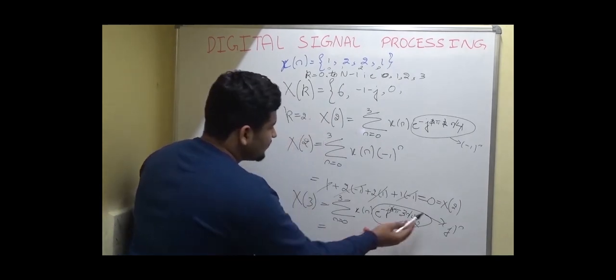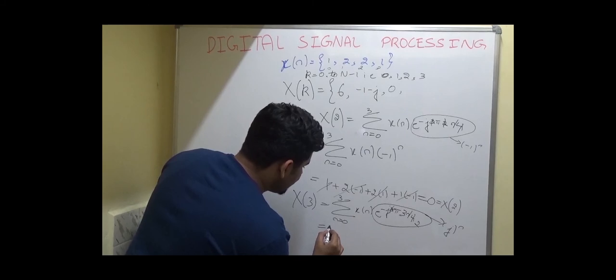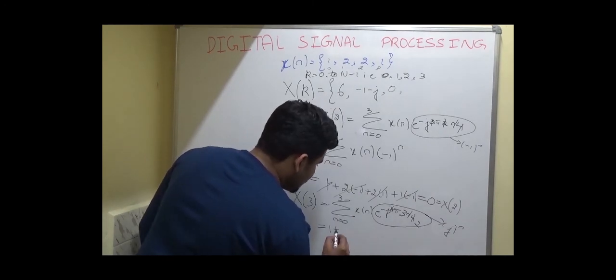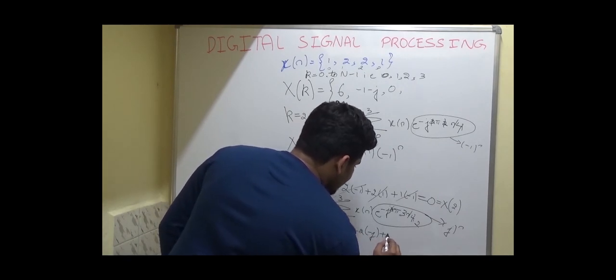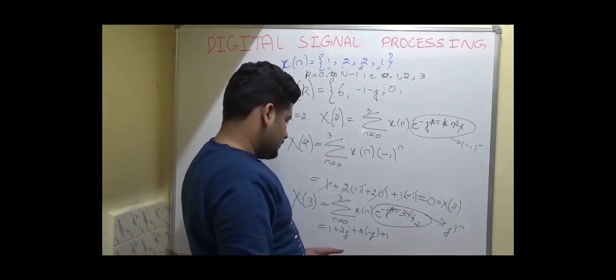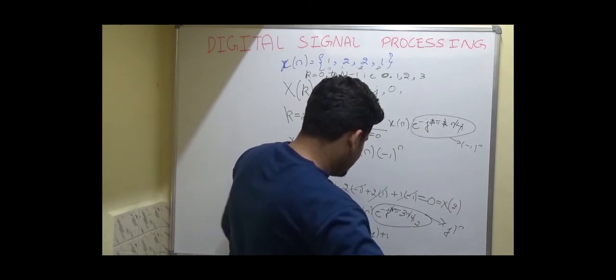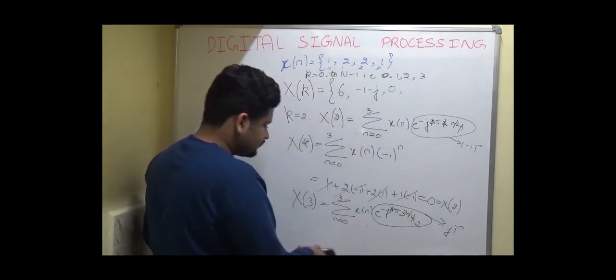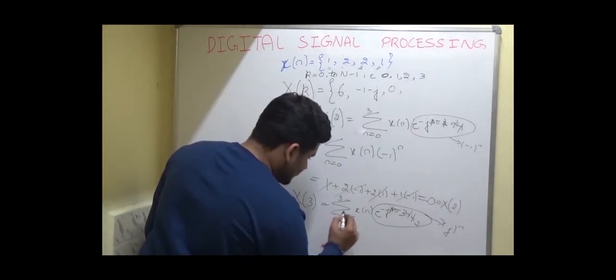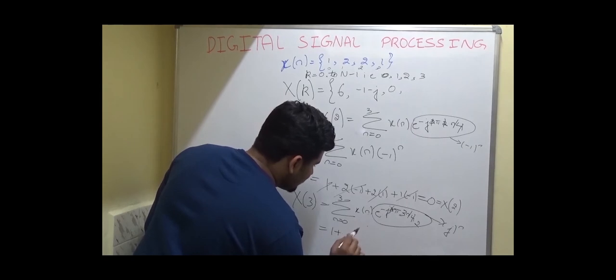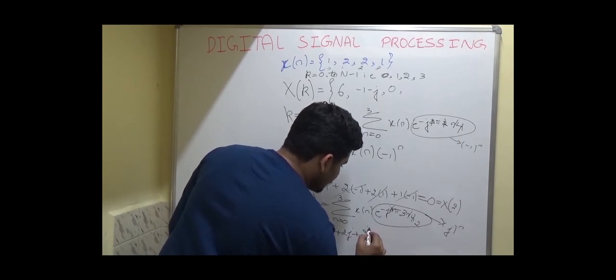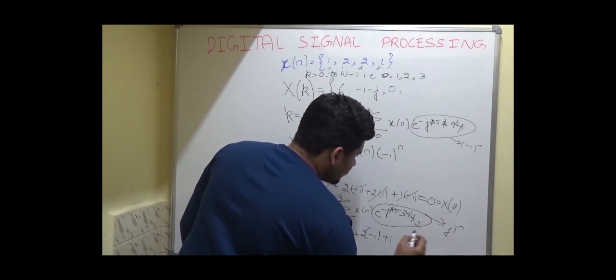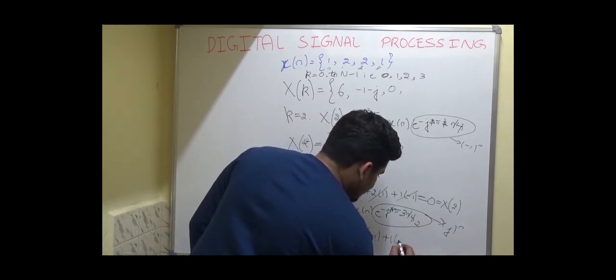Okay. Now once I substitute the values of n here, j raised to the power 0 is 1, plus 2 into j raised to the power 1 is j itself, plus 2 into j raised to the power 2 is minus 1, plus 1 into j raised to the power 3 is minus j.